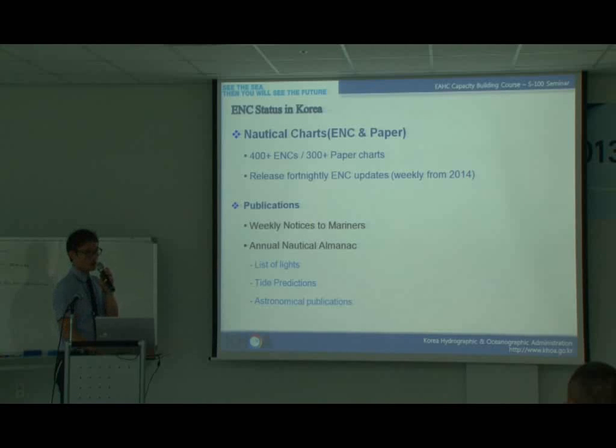Since then, we released ENC based on rectangular size. This is quite different from the paper charts. So now we have more than 400 cells based on a regular size.